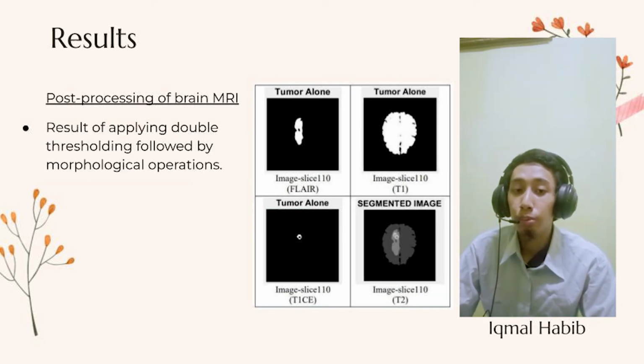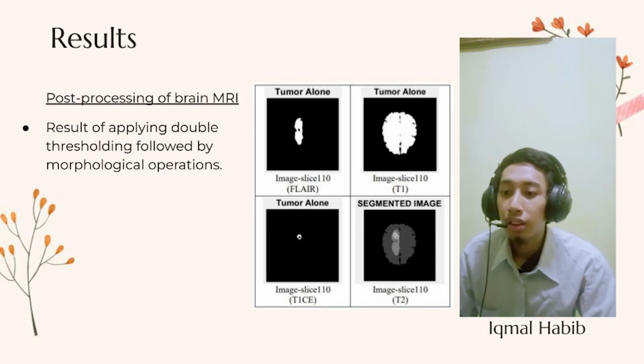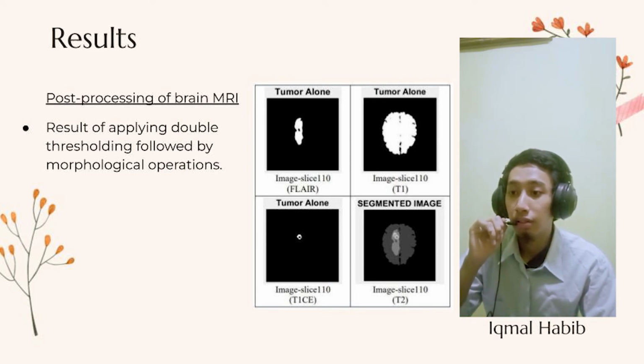And for the post-processing of the MRI image, after step A, we go to step B. We apply a double thresholding followed by morphological operation. And this is a tumor alone image for FLAIR, T1, T1CE and T2.